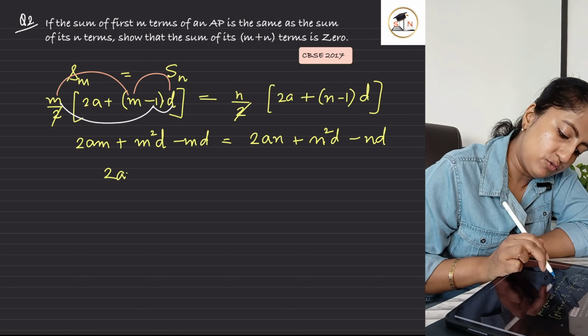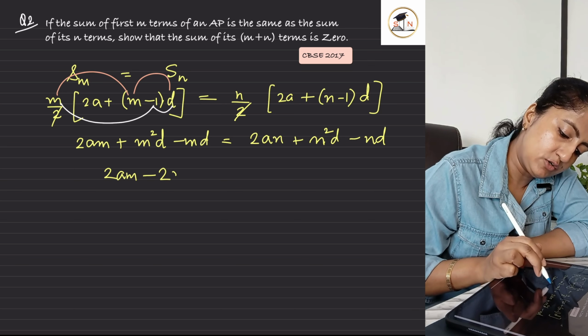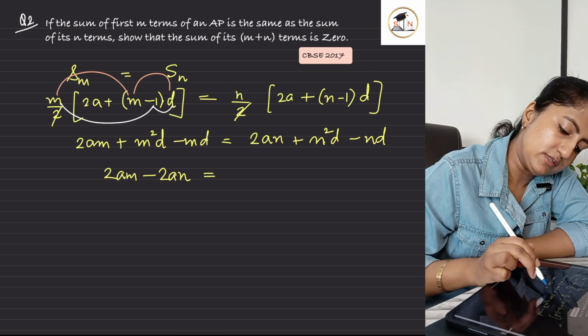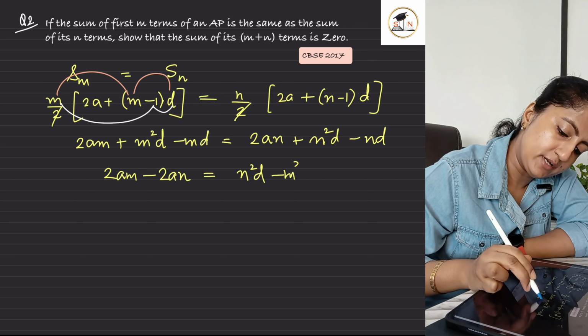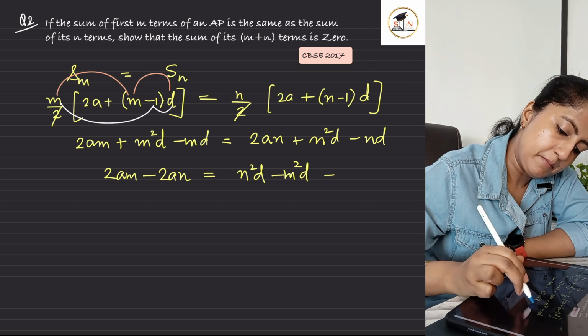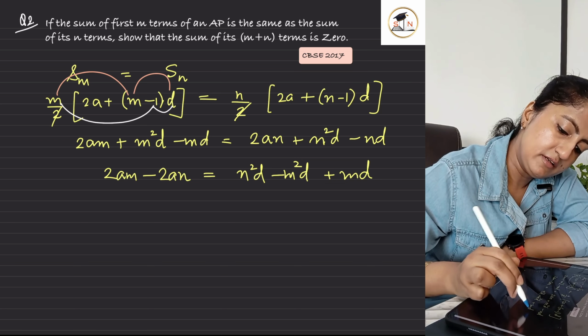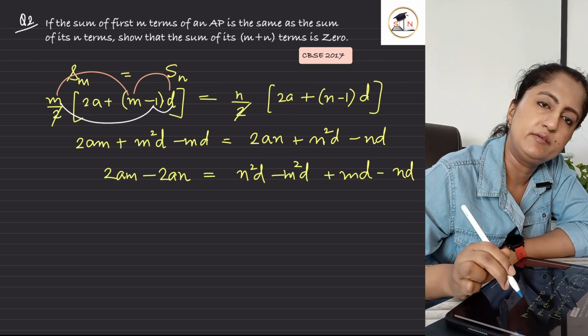So now we have 2am minus 2an equals n square d minus m square d plus md minus nd.